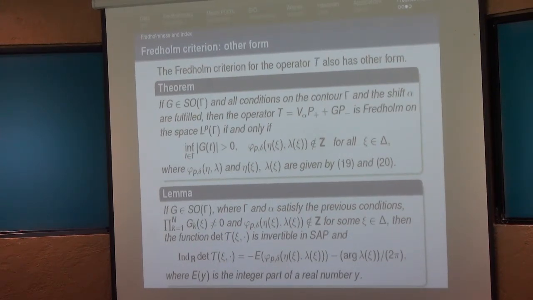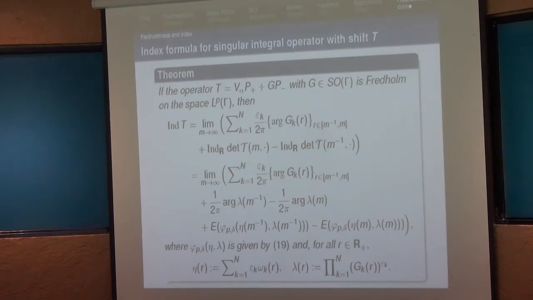And the final slide, the index formula for the Cauchy singular operator with shifts t, which is related to the Haseman problem. If t with such coefficients is Fredholm on such a space, then the index of t is given by the following formula as before, but now we rewrite this formula in terms of phi. So this is an increment of coefficients over x, but we need to consider the segment m to the power minus 1, m.